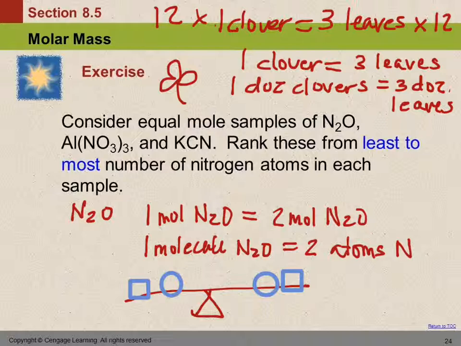So I have to do the same thing to each side for it to be balanced. The same thing with a chemical equation or a mathematical equation. So if 1 clover is equal to 3 leaves, then if I multiply that by 12 on both sides, it's still the same. 12 is a dozen. If I have 1 clover, I have 3 leaves.